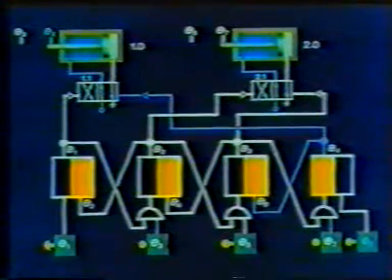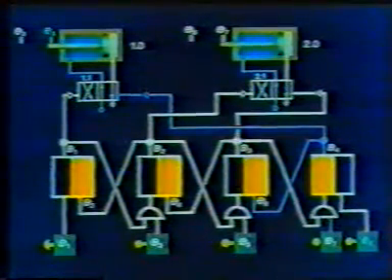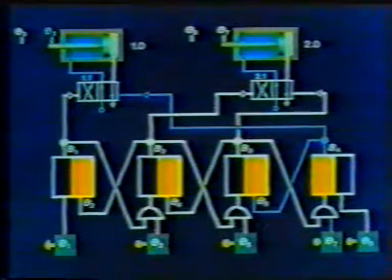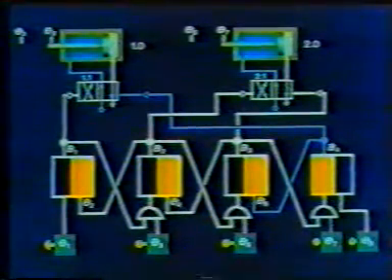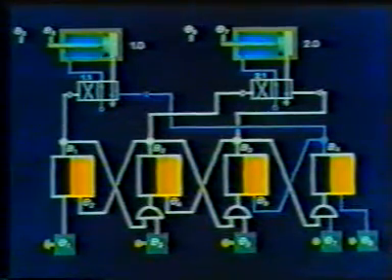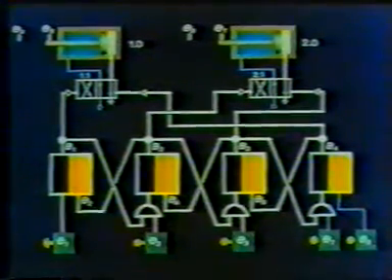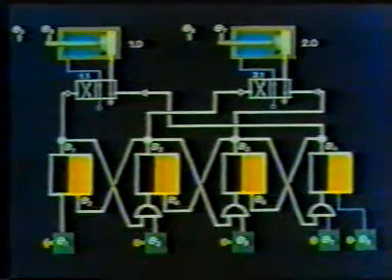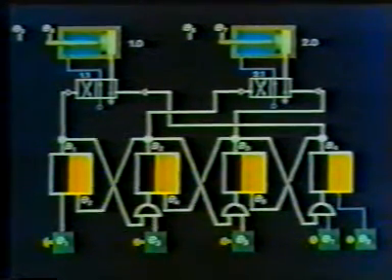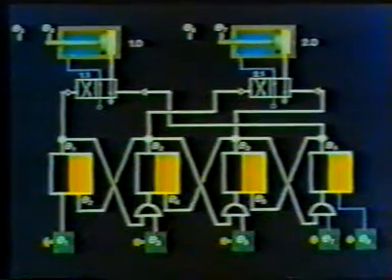Cylinder 1.0 moves back and operates signal transmitter E8, which deletes the final memory. The system is again in its starting condition. Using this design, any number of steps may be executed with one shift register.